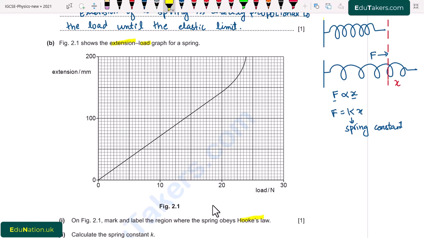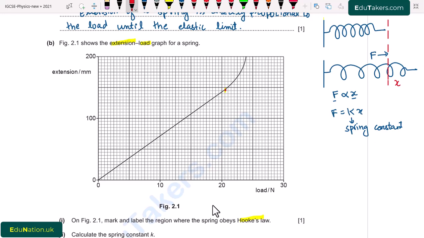It means that the point at which this line remains straight, we have to label this region. So at this point, you can see that it is a straight line. After that point it is curved.